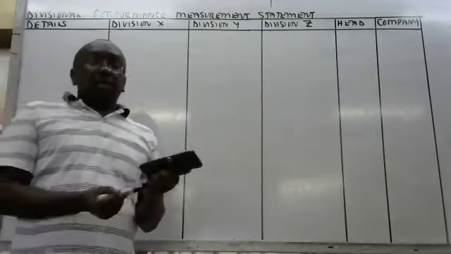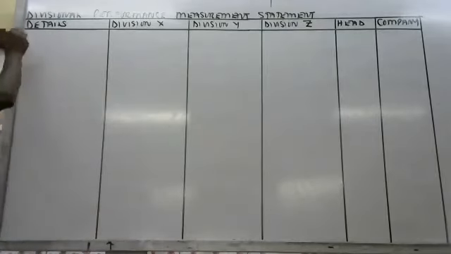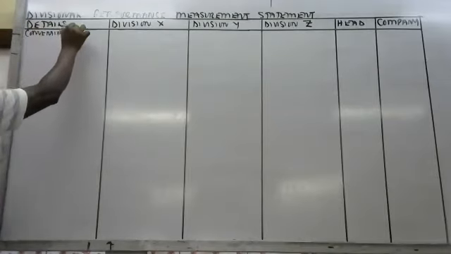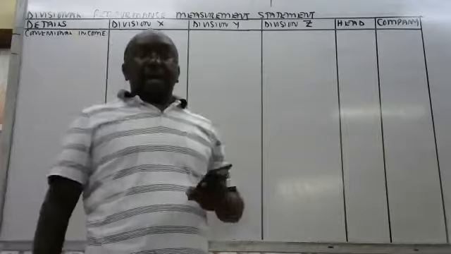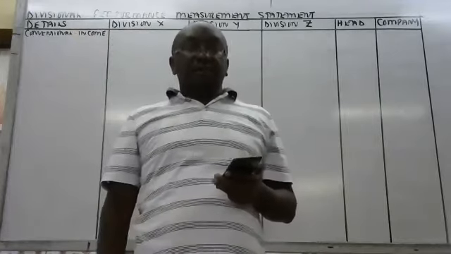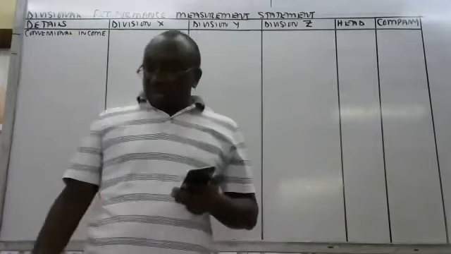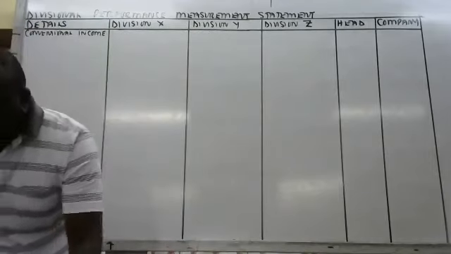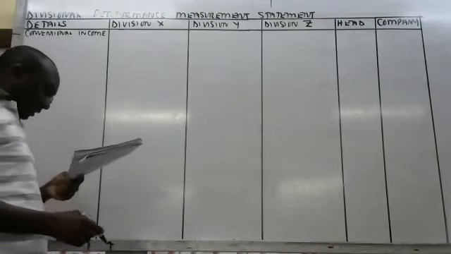Okay, we are there. So as you know, we always begin with what we have been calling conventional income. And for the conventional income, I told you you can begin with any figure that has the word profit. So we are going to begin with the figure that is given there as profit before interest and tax.